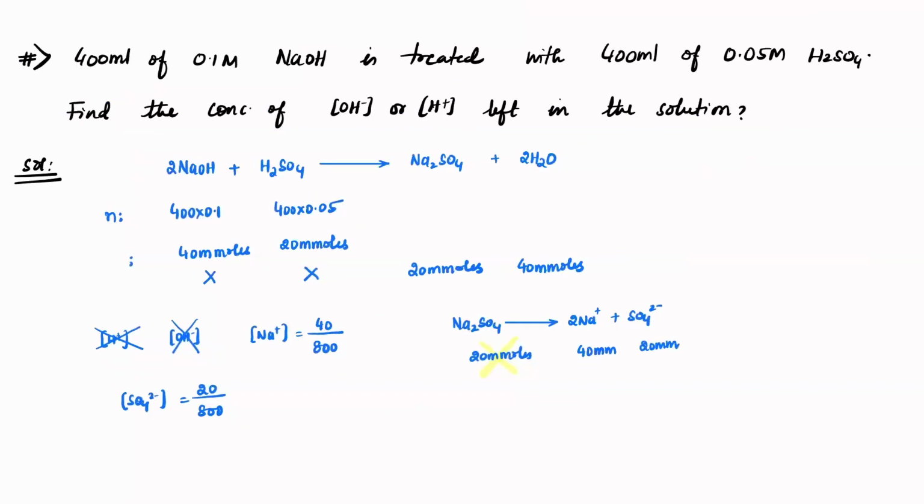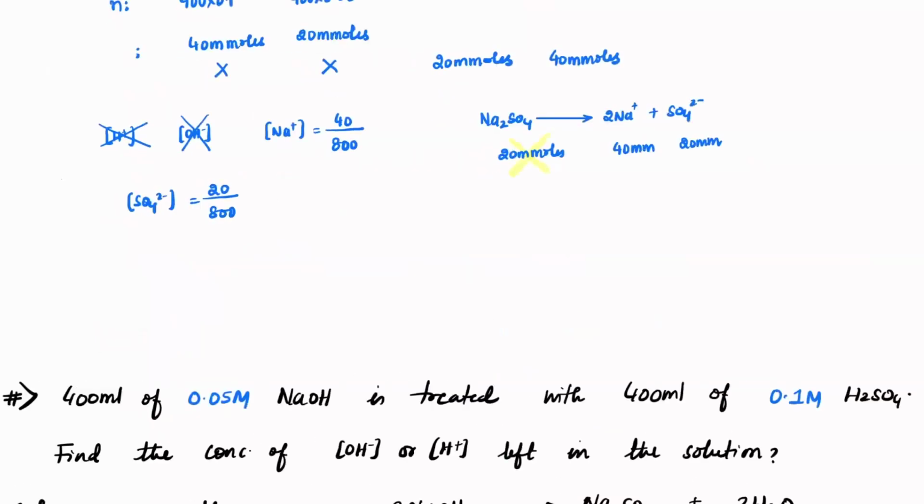Now, since there is no H plus and no OH minus, should we write the answer as 0? Apparently no. Why? When there is only salt and water, or we have pure water, then H plus and OH minus concentration would be equal, and they will be approximately 10 raised to the power of minus 7 molar.